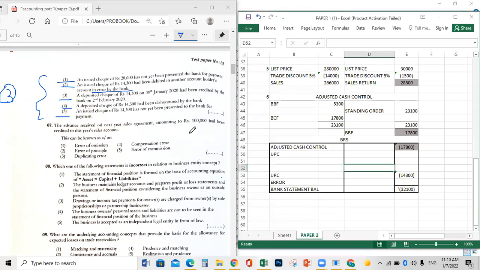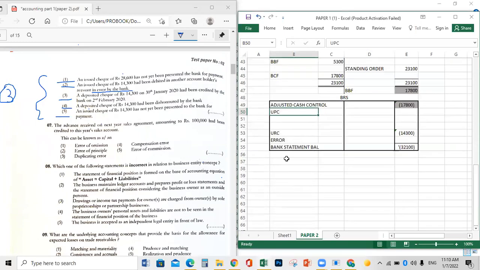First of all, tell me, next year sales, what do you call that? Sales in advance, right? It's an advance sales. So guys, if it is an advance sales, what is it? Asset, liability, income, or expense?